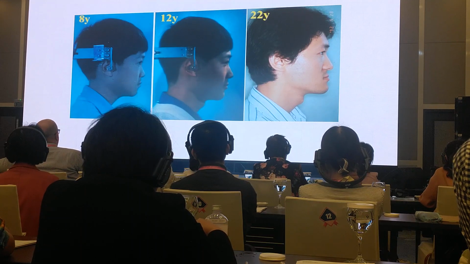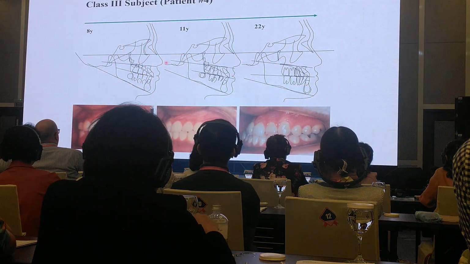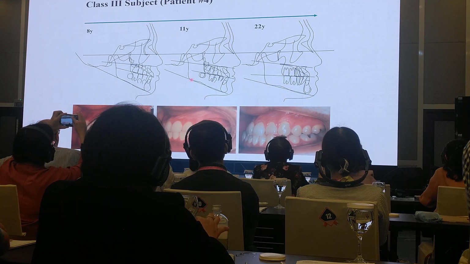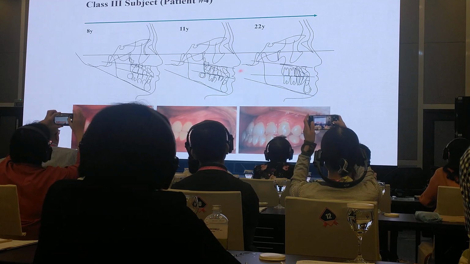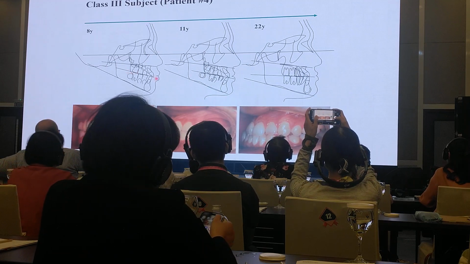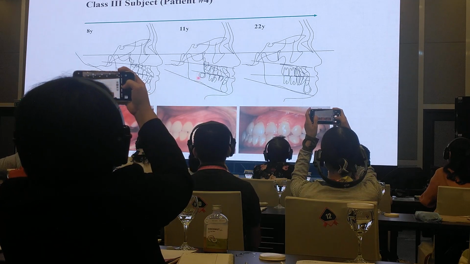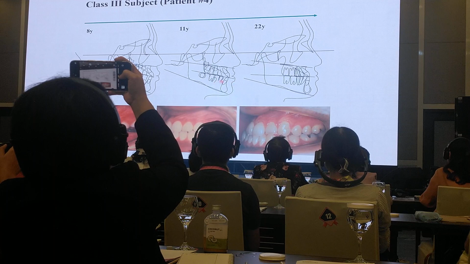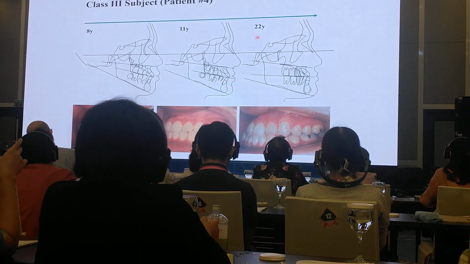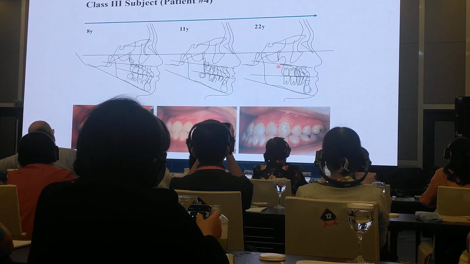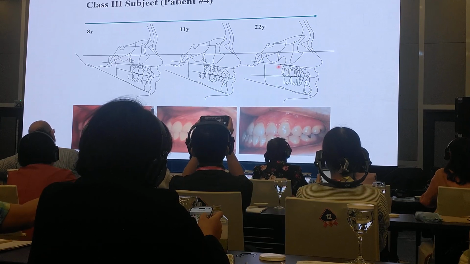This is another problem. Anyway, if you see 8 years, 11 years, 22 years old, the occlusal trend up to 11 years old is pretty steady. But now at 22 years old, very much posteriorly down.